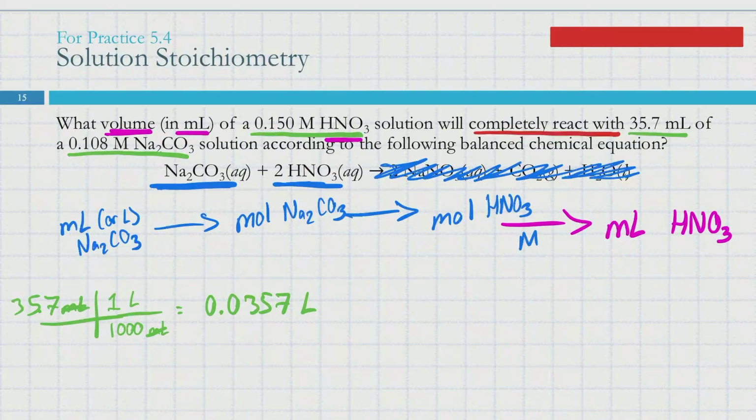The molarity that we are given is 0.108. Scooch this over. 0.108 molar. Remember that molar is moles over liters. So looking at the fact that it's moles over liters, we can just multiply by the liters. The liters times the molarity will give us moles.